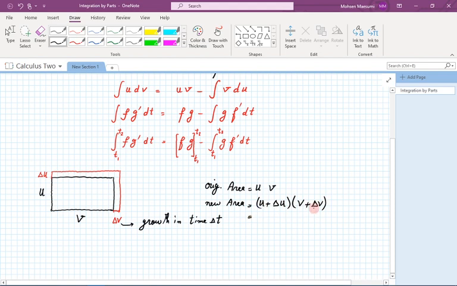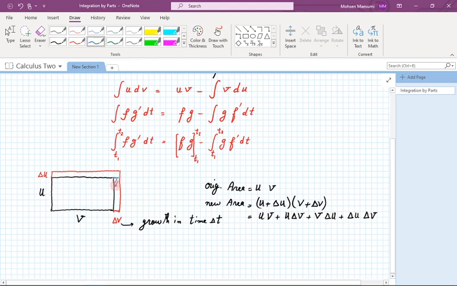Let's just multiply it out, you'll see what it is. u times v plus u times delta v plus v times delta u, and then delta u delta v.